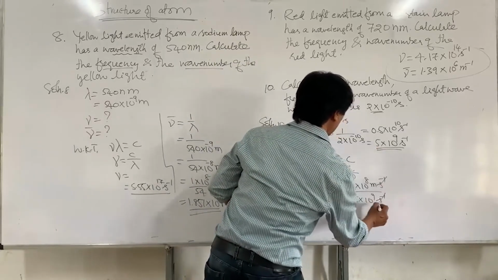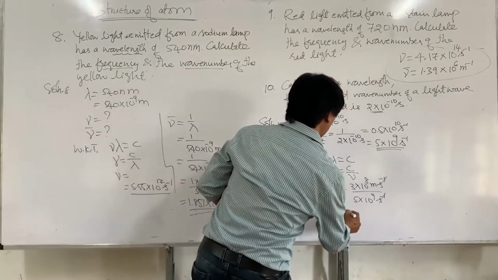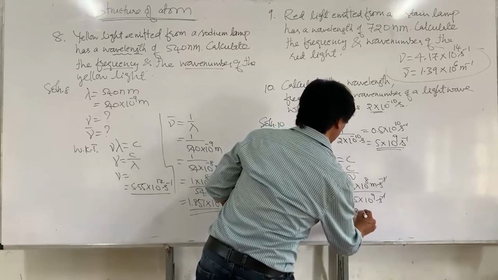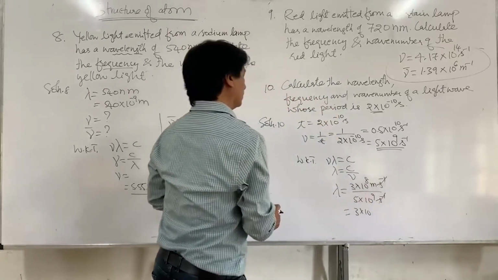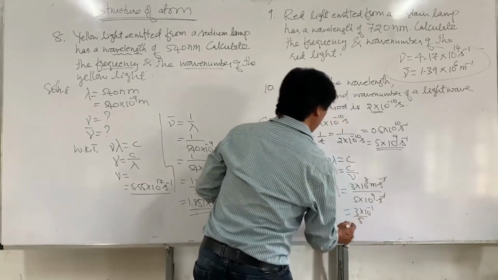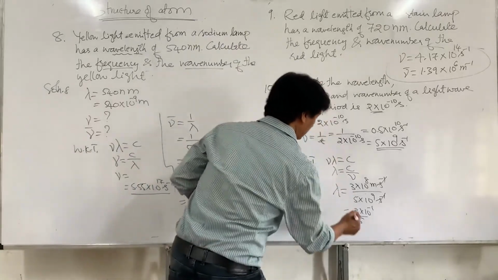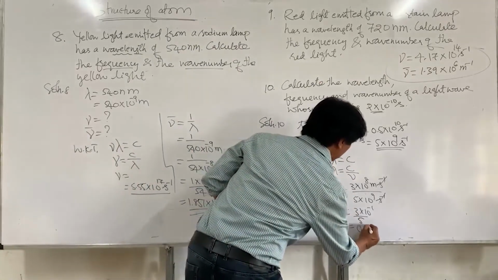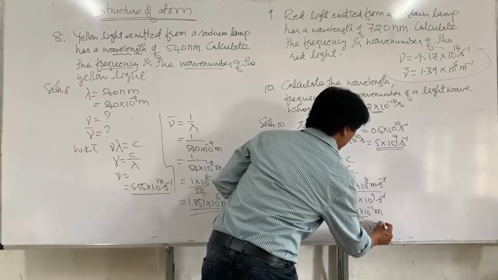Per second gets cancelled. So you finally have 3 into 10 raised to the power 8. You take this on top, it becomes negative 9, minus 1, whole divided by 5, which is 3 divided by 5, that is 0.6 into 10 raised to the power negative 1. This is meters.